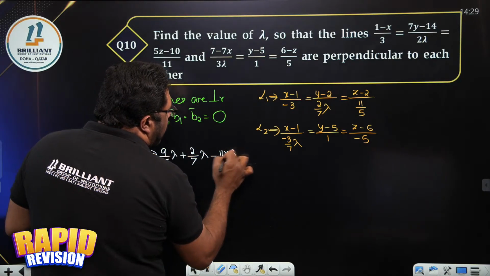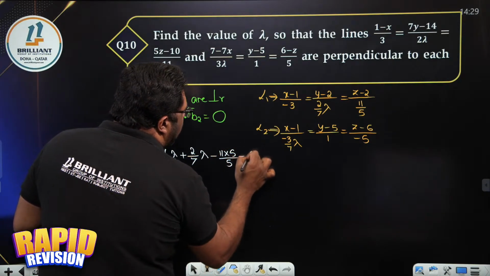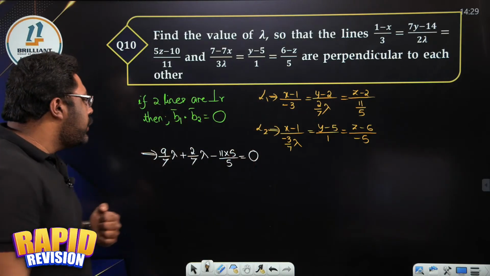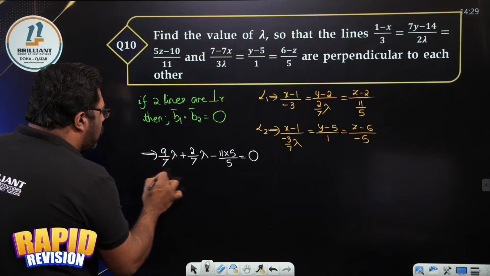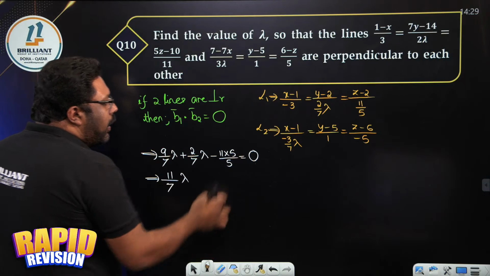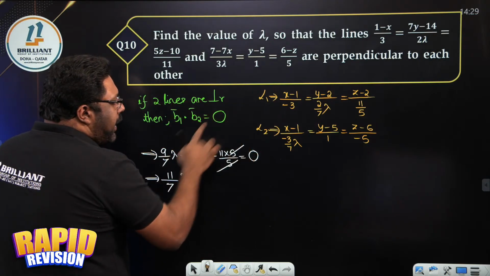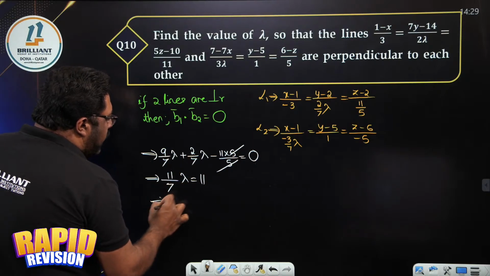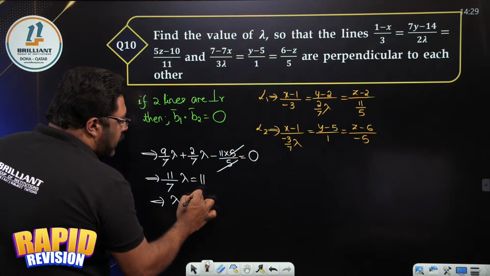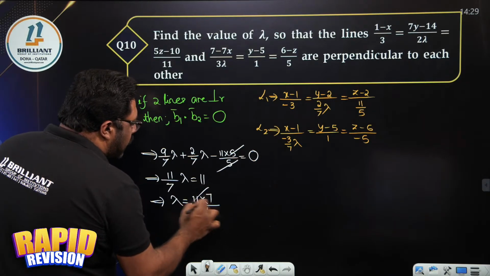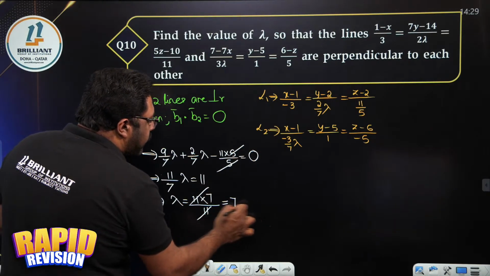The dot product of the two direction ratios: 9 plus 2, 11 by 7 lambda, minus 11 equal to 0. Taking minus 11 to the other side, it's 11. So lambda is 11 into 7 by 11, and lambda is 7.